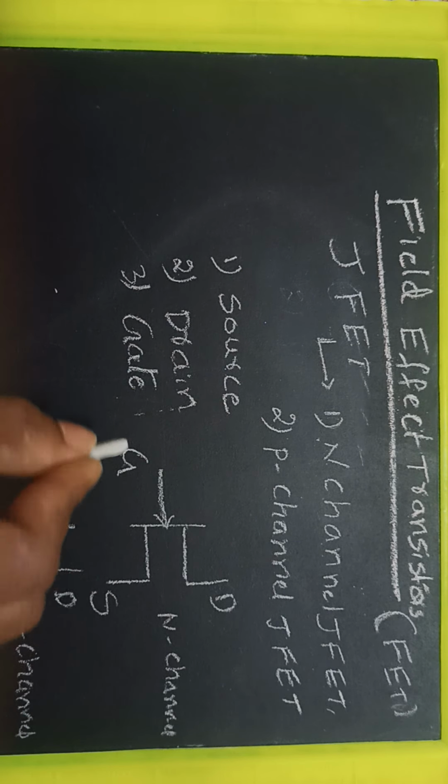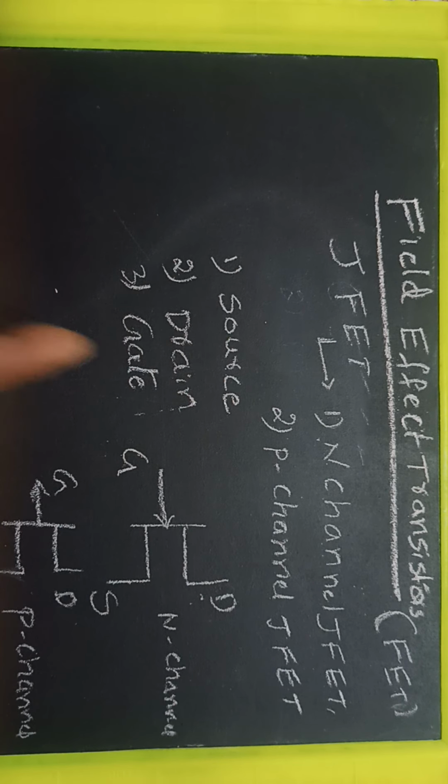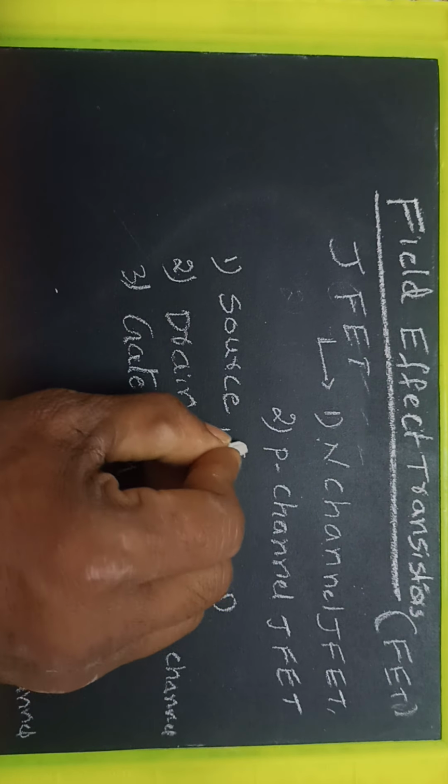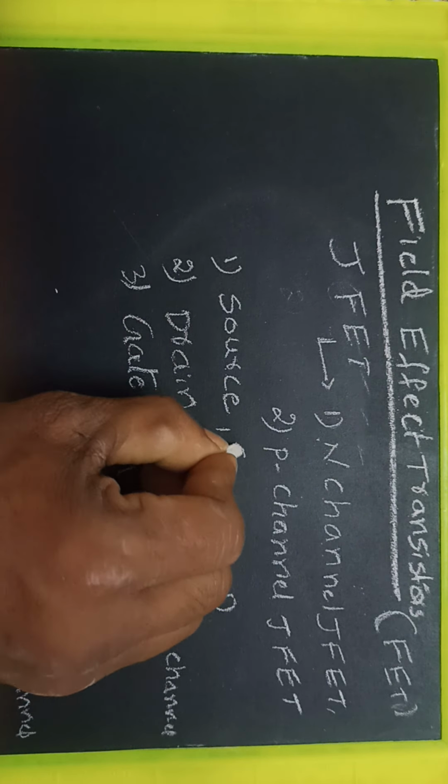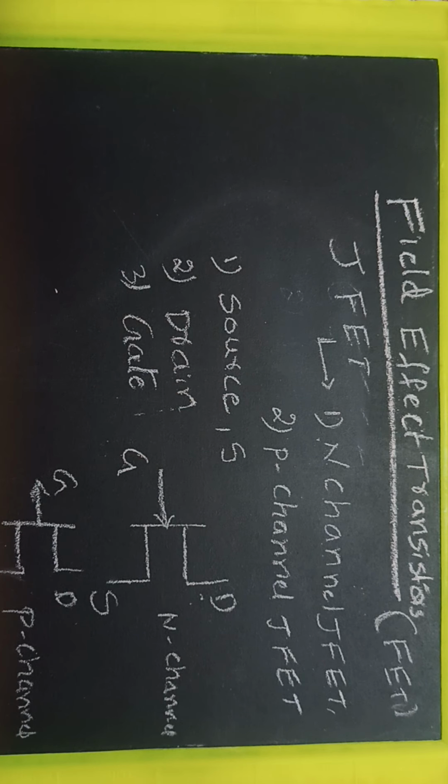So FET consists of three terminals: gate, drain, source. The source terminal is indicated with S. The terminal at which the majority carriers enter the semiconductor bar is known as the source.